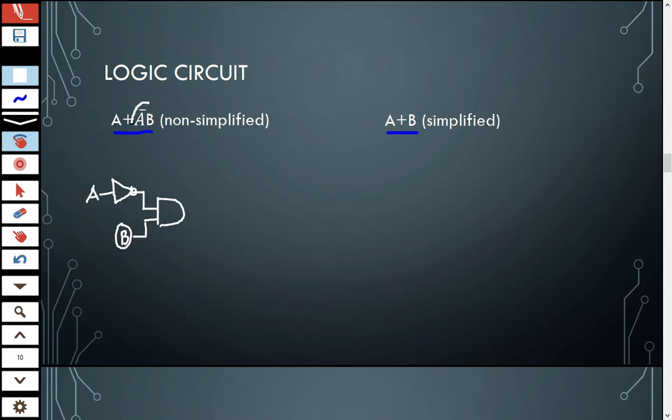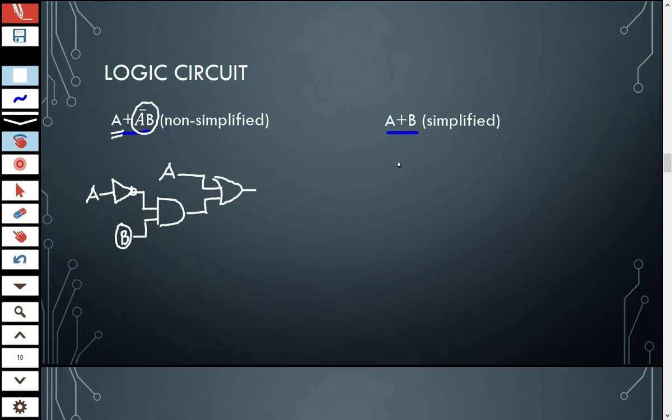So we have already drawn the truth table for this. Now let's add the last term. So this becomes OR gate since we have the addition sign. And right here A. So this is now the complete logic circuit for this non-simplified expression.